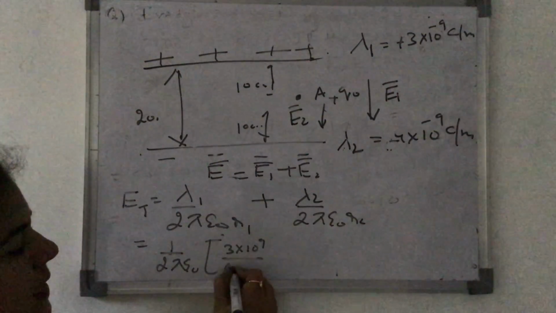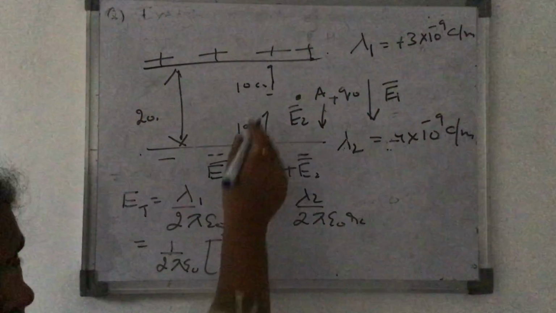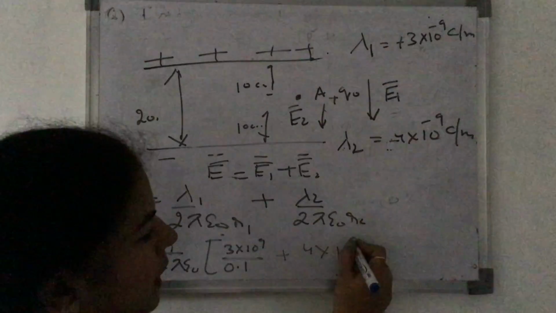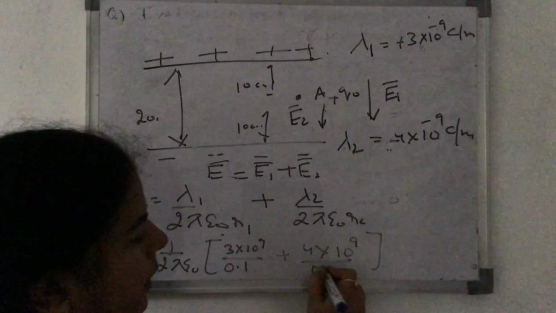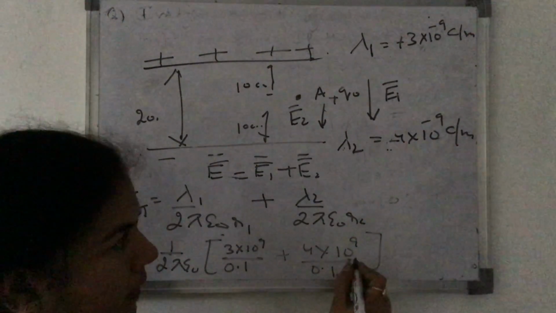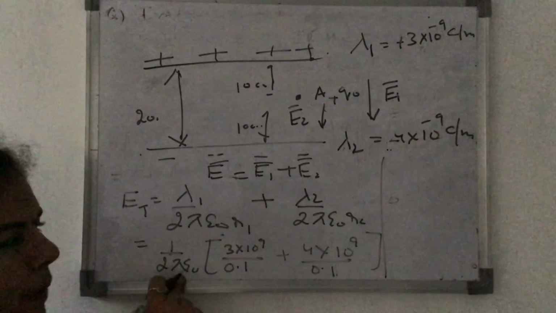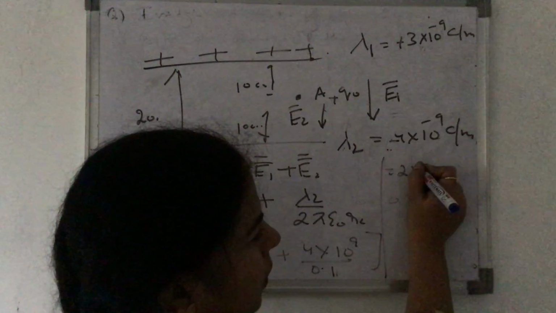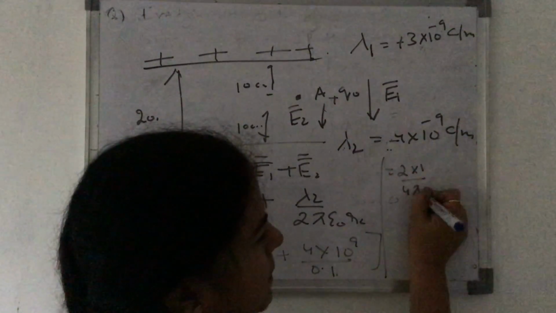R1 is 10 centimeter, 10 centimeter means 0.1 meter. Then plus 4 into 10 raised to power 9 divided by 0.1 again. 2 pi can be written as 2 into 1 by 4 pi epsilon naught.